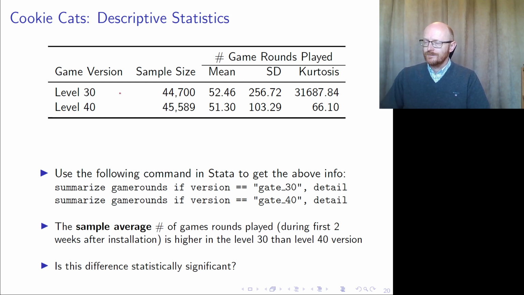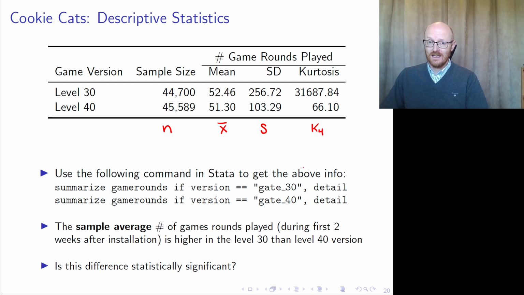So here you have the group with level 30 and the group with the gate at level 40, and you have the sample size. This is the n. You have the mean, that's the x bar, and you have the standard deviation, that would be the s, okay, and you have the kurtosis, which is the k4.